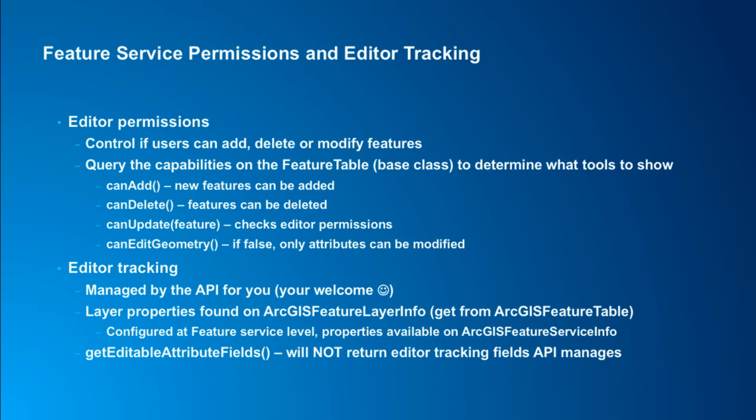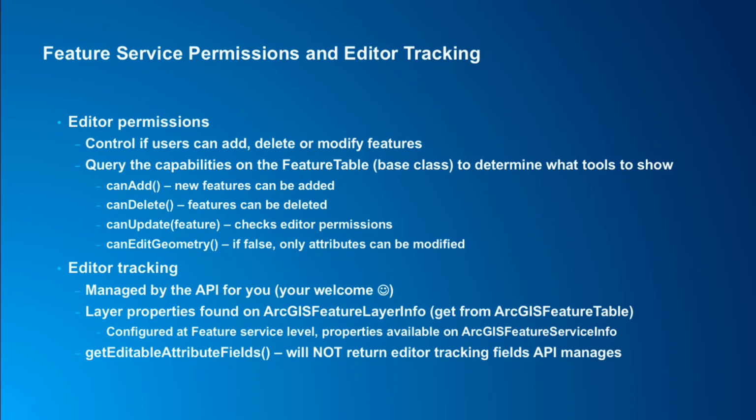But there is a few things that you should probably understand about this. There's some attribute fields. The get editable attribute fields on the table, for example, will not return the editor tracking fields so that you won't accidentally edit them yourself. So hopefully we take care of it, but also leave it in a state that you can't really even mess around with it and break it.